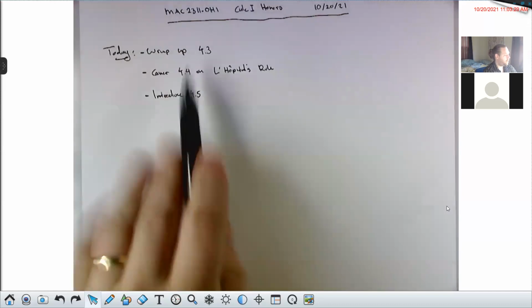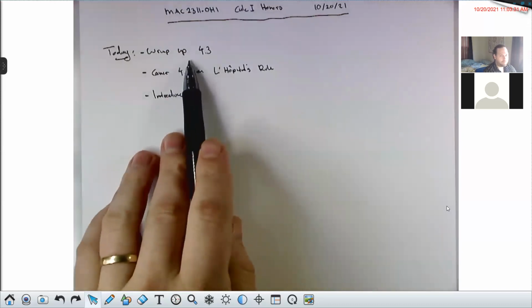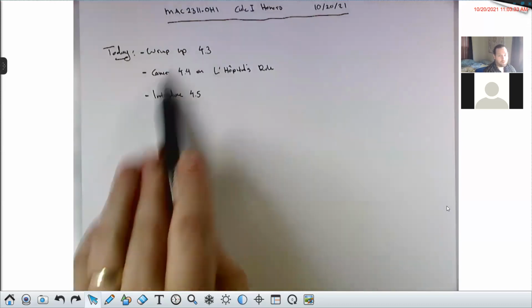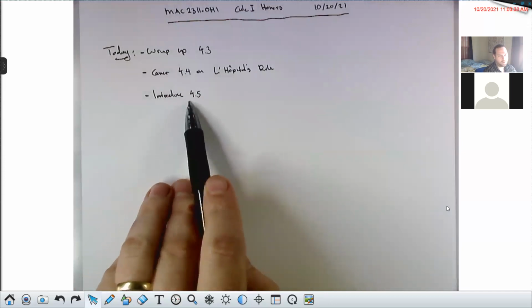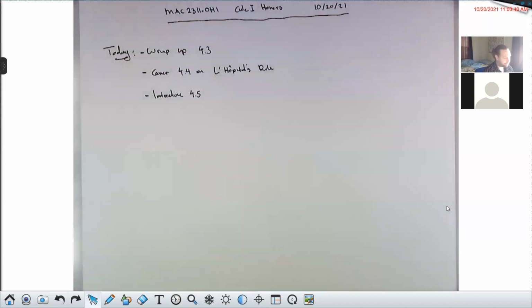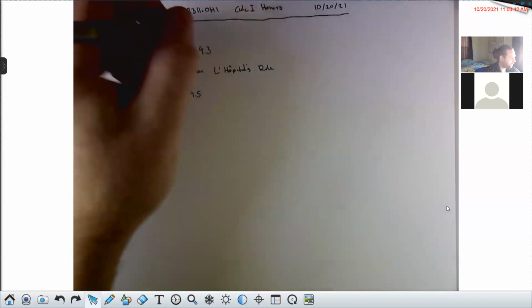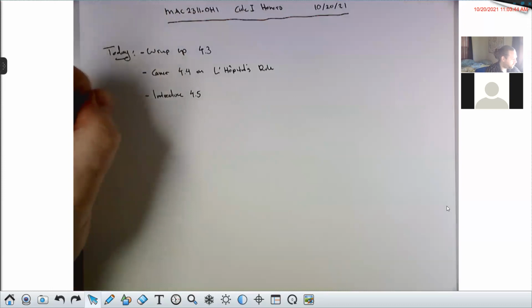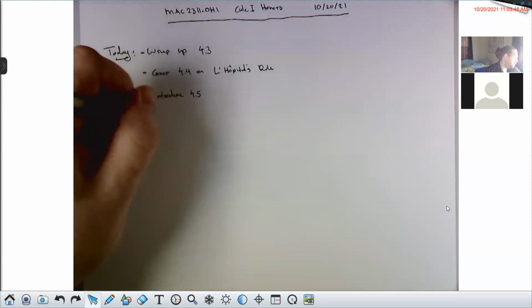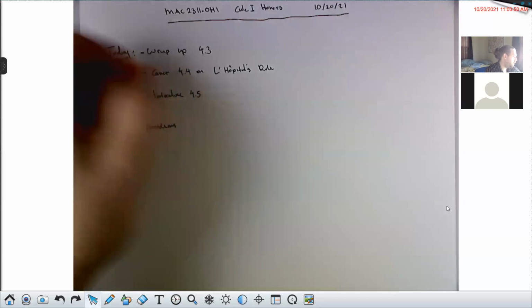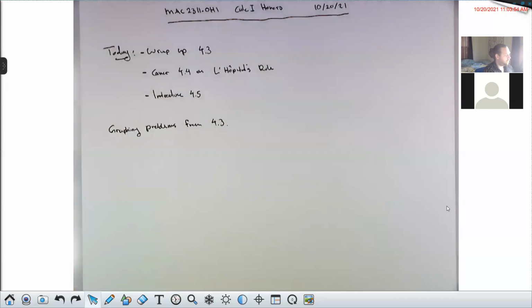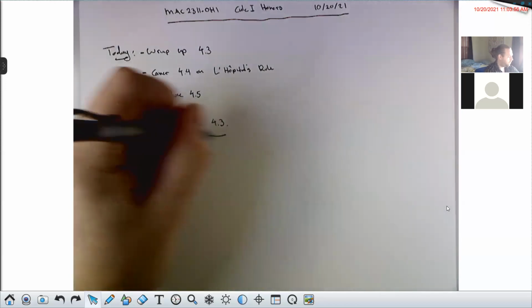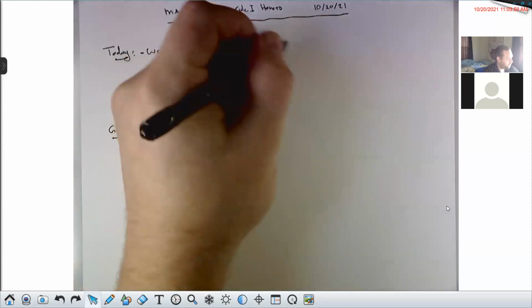Actually, the little wrap up that we're doing from 4.3 is the large portion of the material in 4.5. 4.5 is where you put together 4.3 and 4.4. So specifically here, I'm going to look at some graphing problems from 4.3. And then the little announcement there.